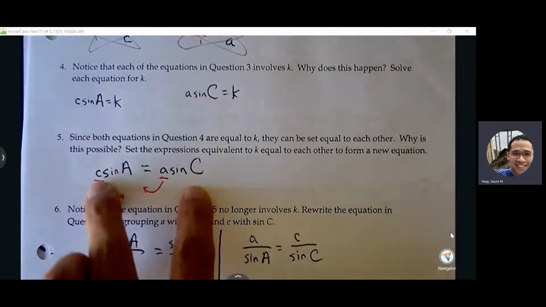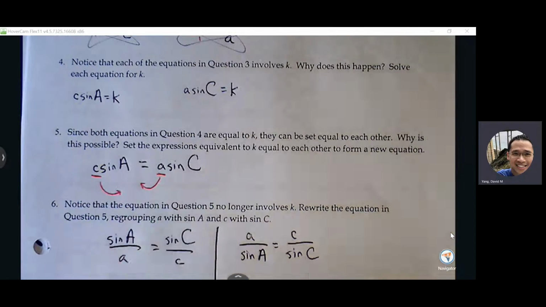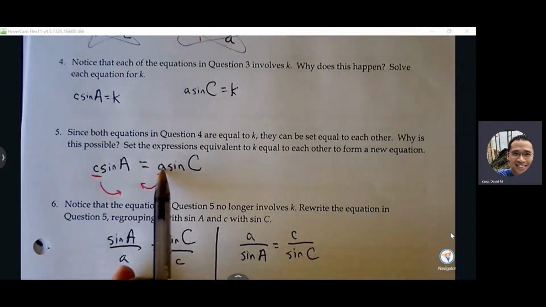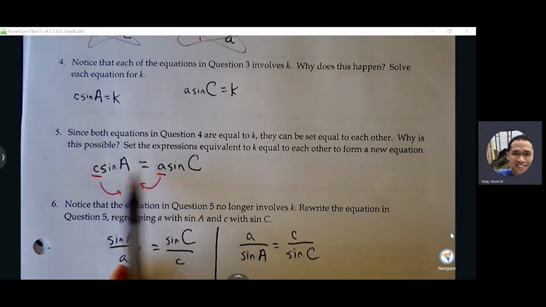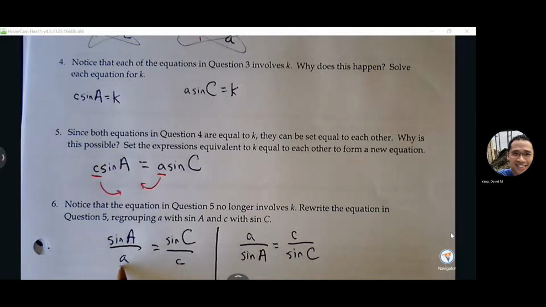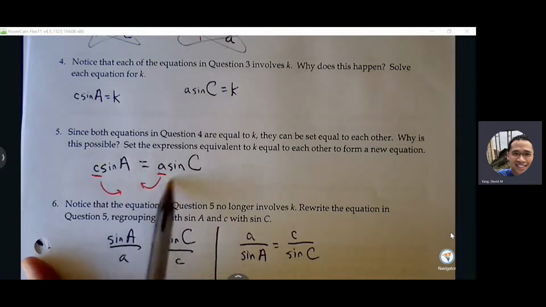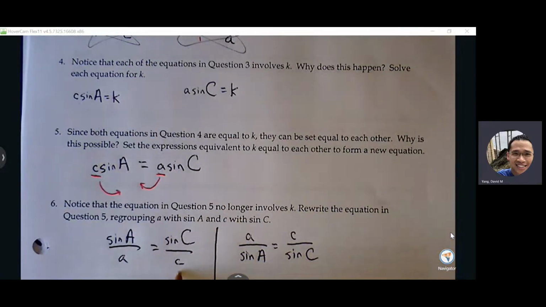You mean from here to here? Or from 5 to 6? From 5 to 6, what I did was I divided lowercase a to the left side. So when I divide it over, it's going to end up in the denominator of the left side. And when I move that c over to the right side, if I divide by c, c is going to end up in the denominator of the right side.